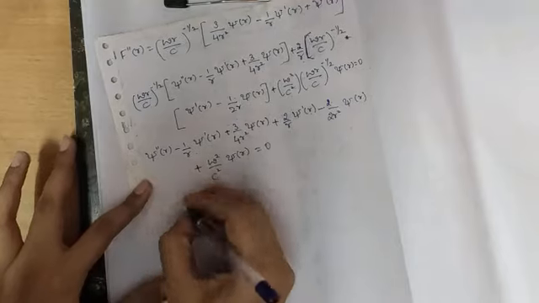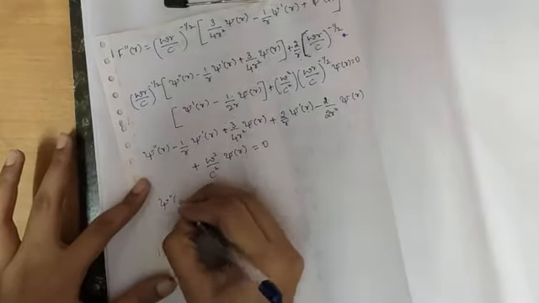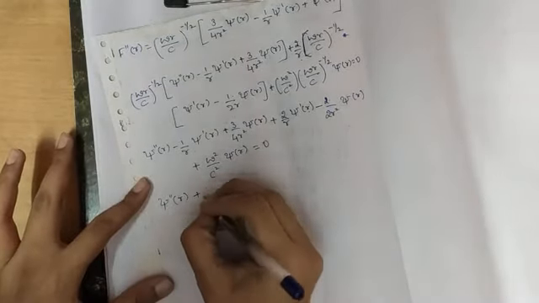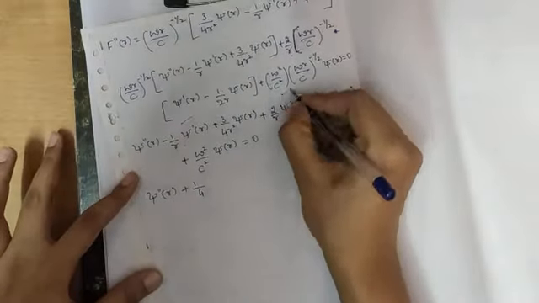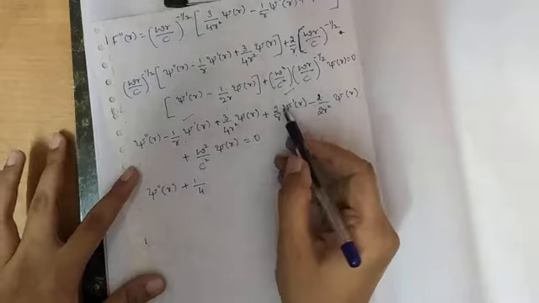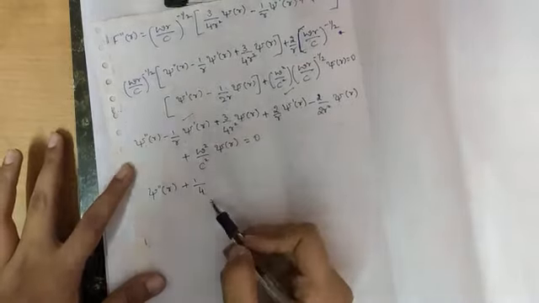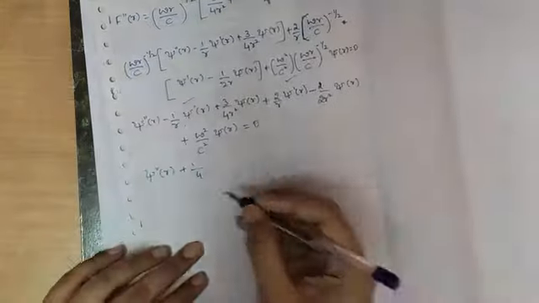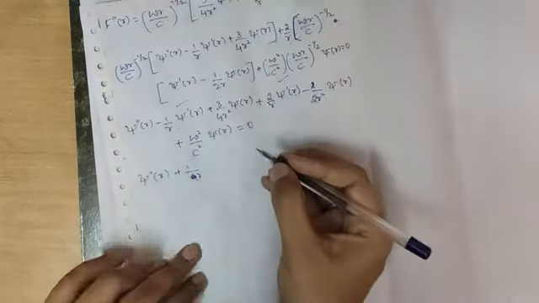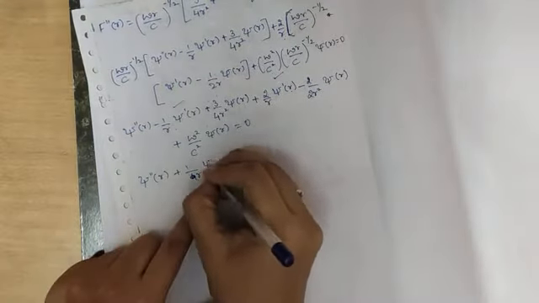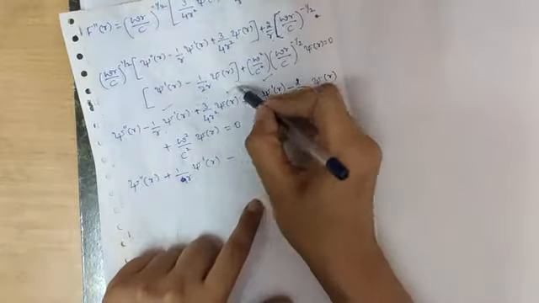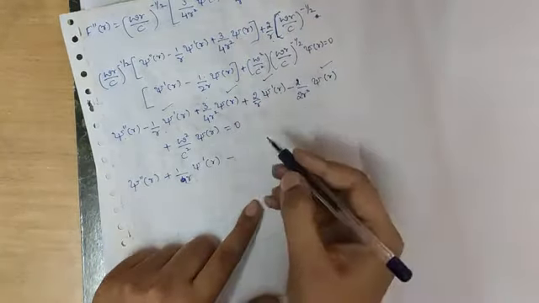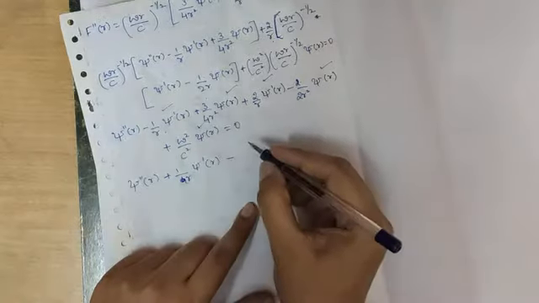Now simplify further. 2 by r minus 1 by r is 1 over r xi dash of r.